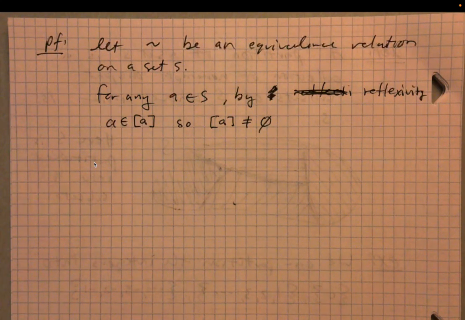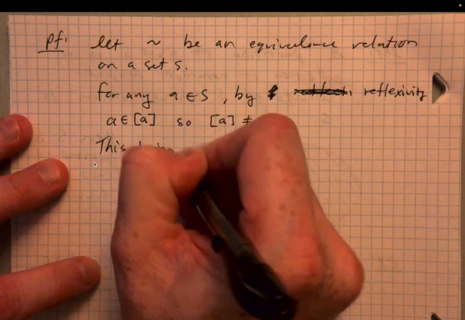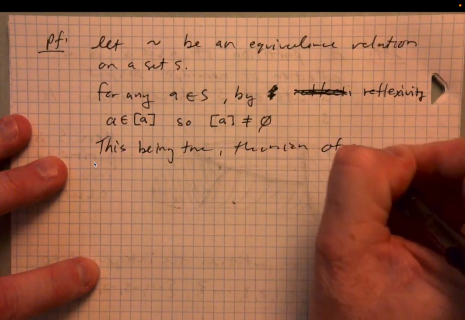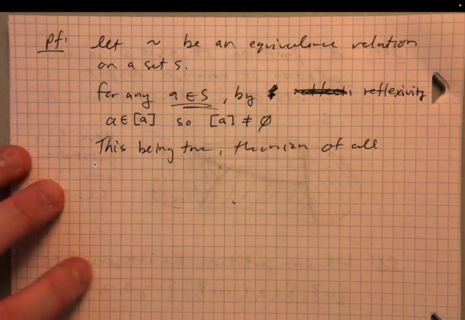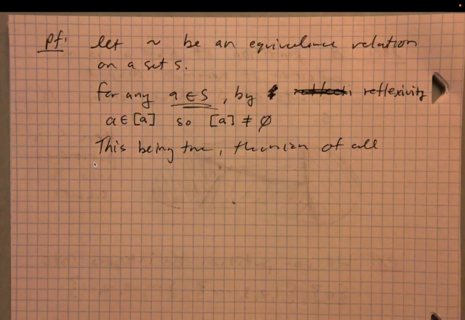Okay, this being the case, the union of all of these equivalence classes must be S. Again, for any A in S, this is true: A is going to belong to its own equivalence class.